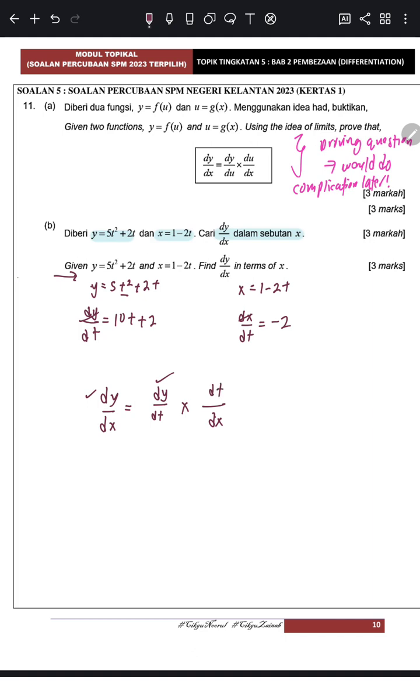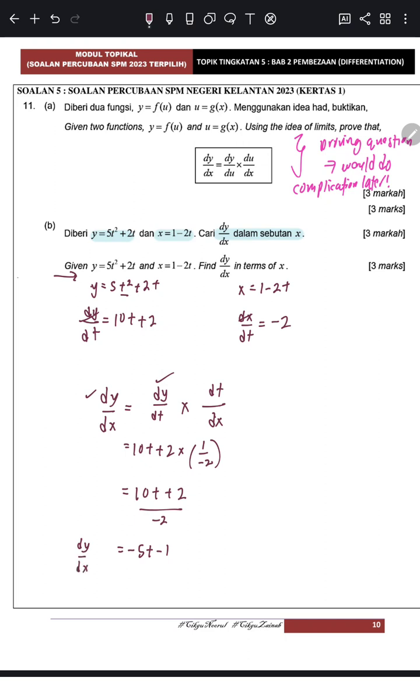So dy/dx is dy/dt, which is 10t plus 2, times dt/dx, which is 1 over negative 2, because dx/dt is negative 2. If we exchange the position, it turns out to be 1 over negative 2. So 10t plus 2 over negative 2 is negative 5t minus 1. This one is dy/dx.